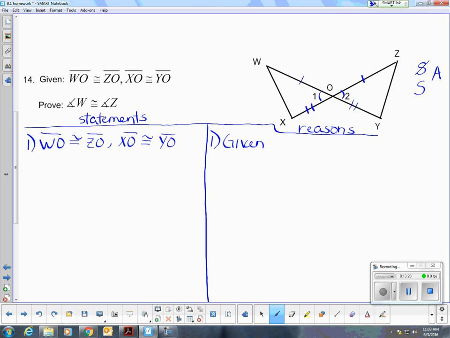Takes care of these two. And once again, we're going to use the vertical angle theorem, and that takes care of the pair of angles. So now we can conclude that triangle WOX is congruent to triangle ZOY.